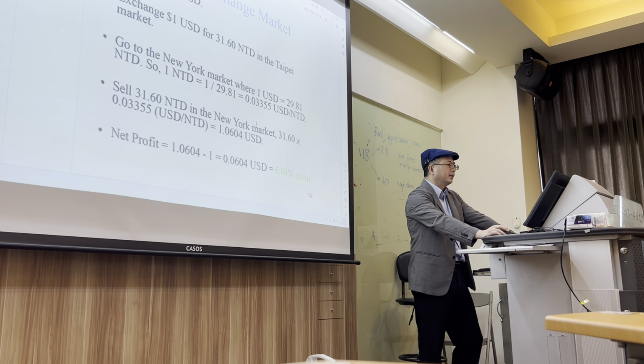At the same time in the Tokyo market, the exchange rate for the Japanese yen to the euro is actually 129.5. This implies the value of the euro is underestimated in Tokyo and overestimated in Taipei. Therefore, one can purchase euros in Tokyo and sell them in Taipei for the arbitrage, okay?